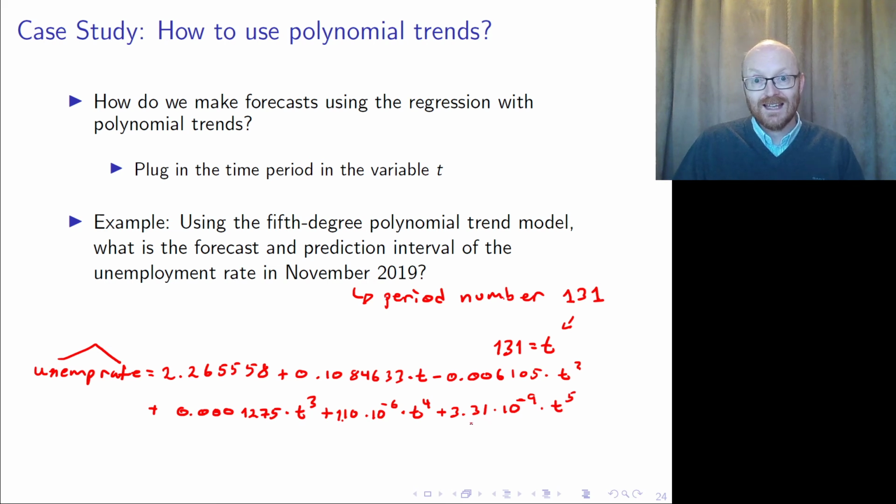So these last coefficients are extremely low in absolute value. Okay, so when you plug in 131 for t, then you get that the unemployment rate for 2019 month 11 is equal to 2.09%.